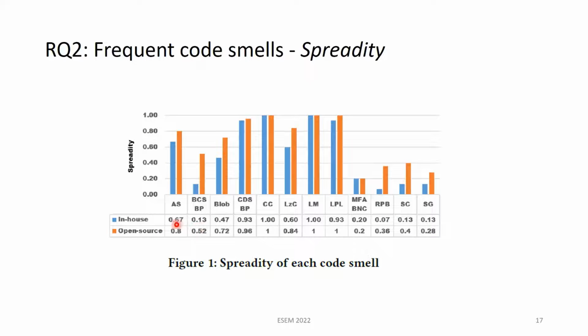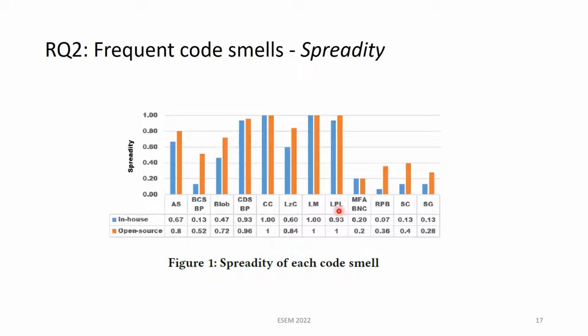Figure 1, the horizontal axis contains the smell names and the vertical axis contains the spreadness score. Blue colors are for in-house or industrial projects, orange are for open source projects, right? From this figure, we found that complex class and long method occur in every project, both industry and open source systems, because these values are 1, right?